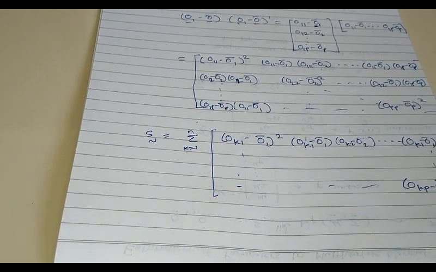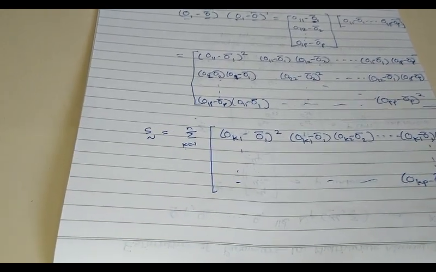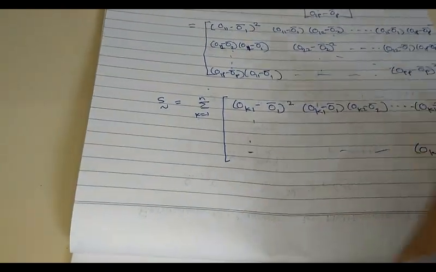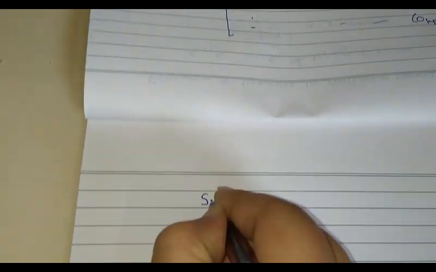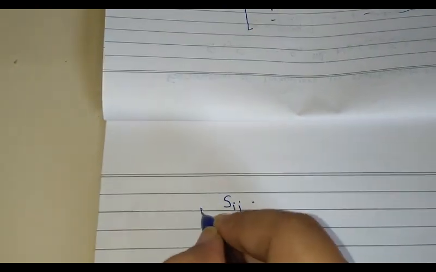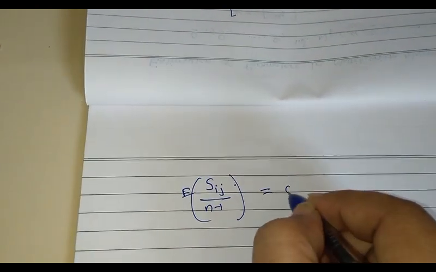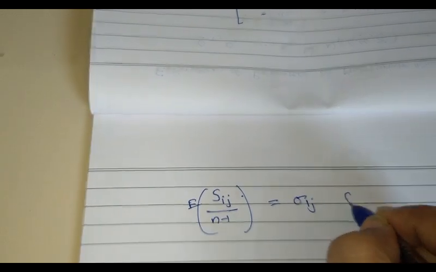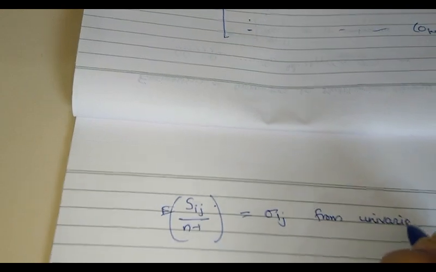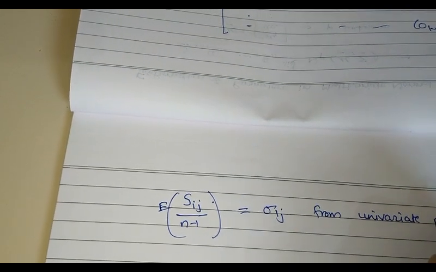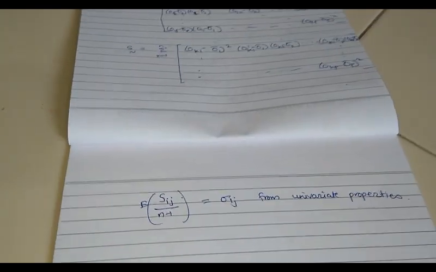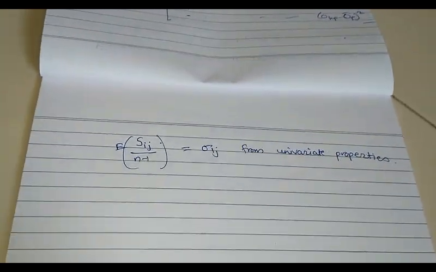If we don't want to use the component-wise argument, first let me write the component-wise argument: the ijth entry of S divided by n minus 1 is actually sigma_ij from univariate properties. There is another way to define it, and it is slightly more precise.